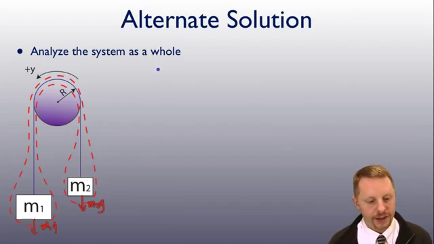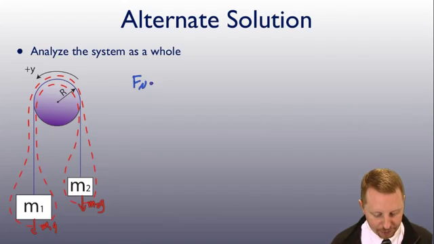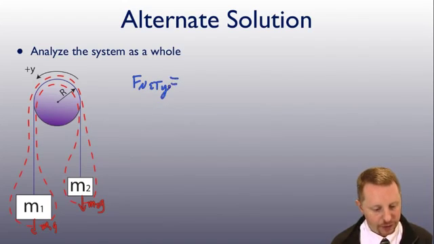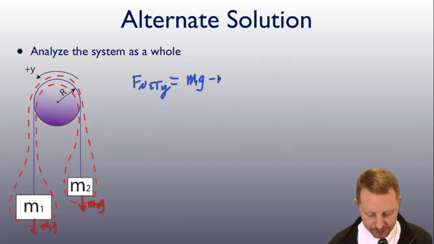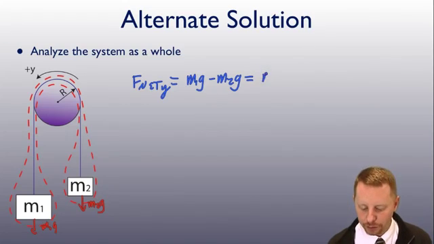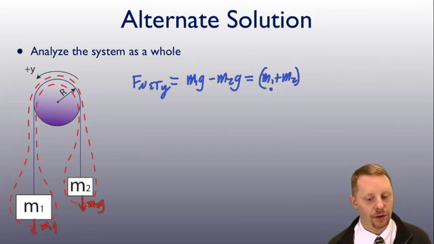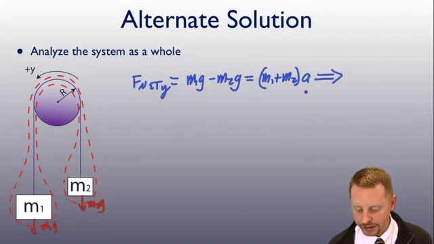So if I go to write my Newton's second law equation right away, net force in the y direction is going to be m1g over here minus m2g, and that has to equal the total mass of my system, m1 plus m2, because I'm looking at the system as a whole, times the acceleration of the system. Now it's a pretty easy rearrangement.